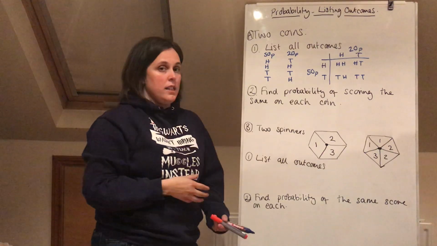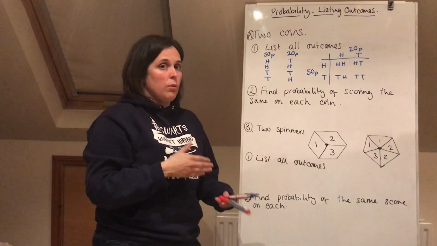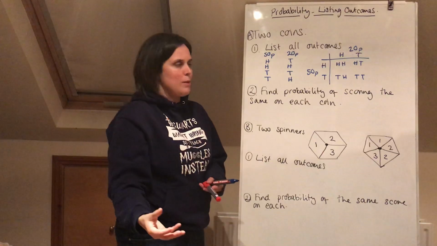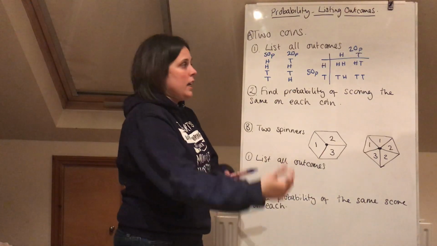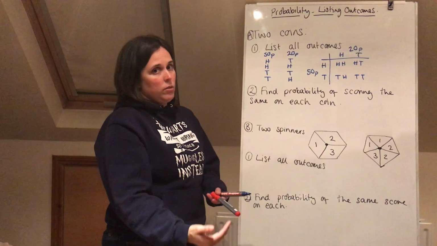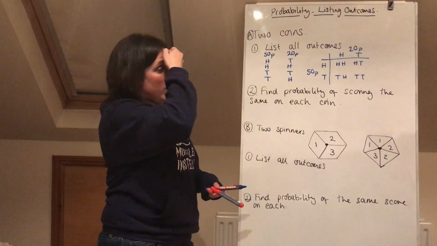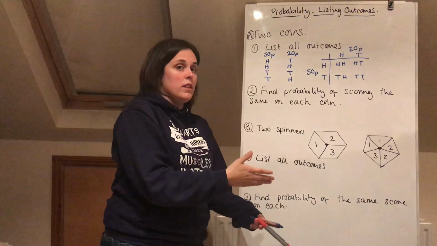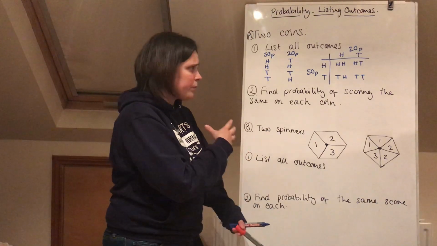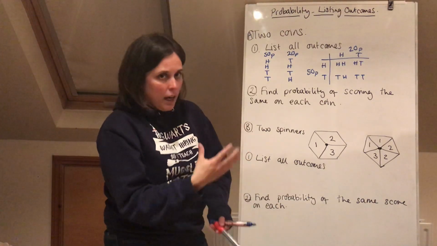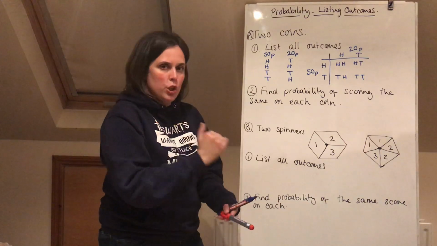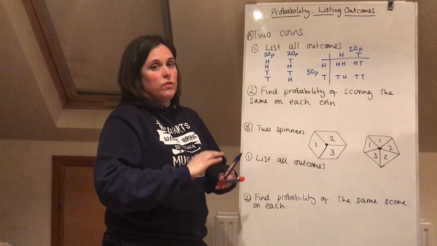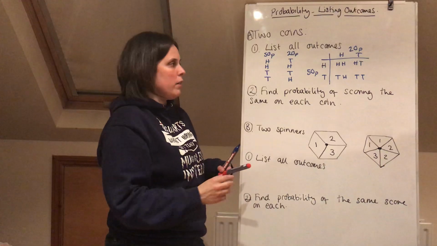So when we're calculating our probability, it's actually going to be out of 4, because there are 4 different possibilities. You can either get head head, head tail, tail head, or tail tail. And so any probability that we calculate is going to be out of 4. So again, going back to my previous video where I was talking about how to calculate probability, remember the denominator of the fraction is the number of different possible outcomes that there are.